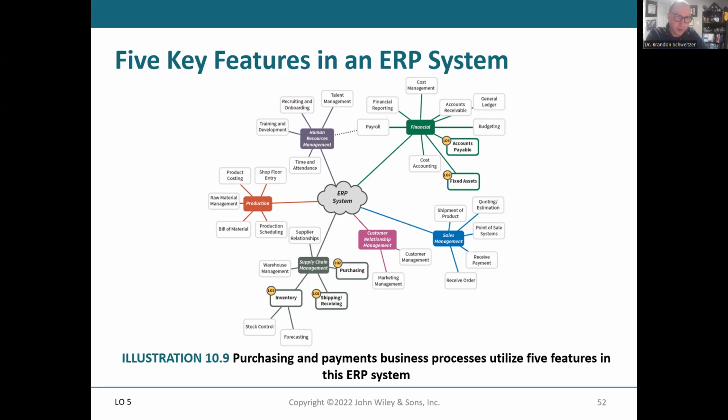All these tie into your ERP or your enterprise resource planning system. And we can see where purchasing, receiving, and inventory come into play. And of course, that's with your supply chain management. And then, of course, on the other side, fixed assets and accounts payable, it's all finance. This just shows you how everything's integrated.